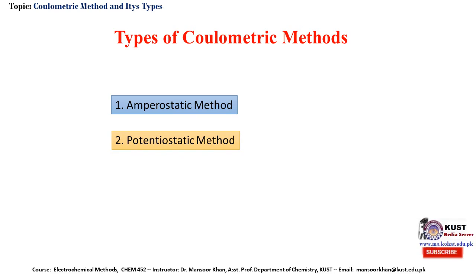In the next lectures we will discuss the basic principle, instrumentation and application of the amperostatic coulometric method, and also the basic principle, instrumentation and application of the potentiostatic coulometric method.